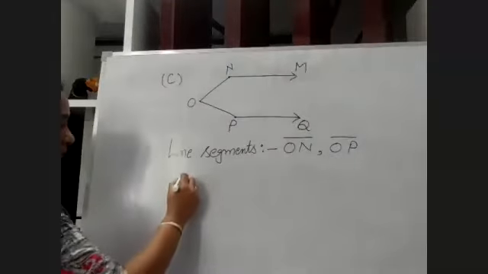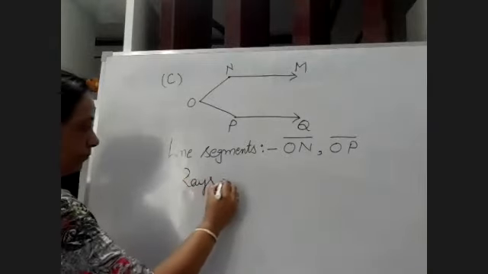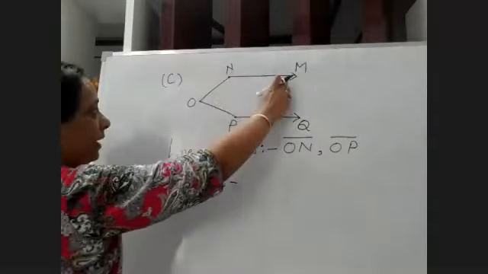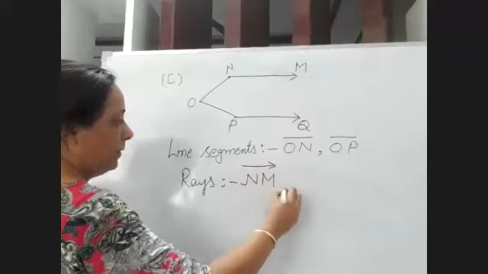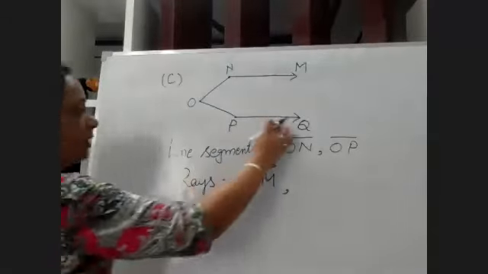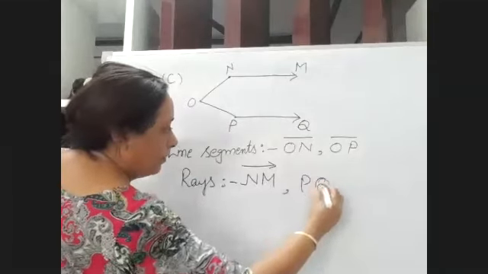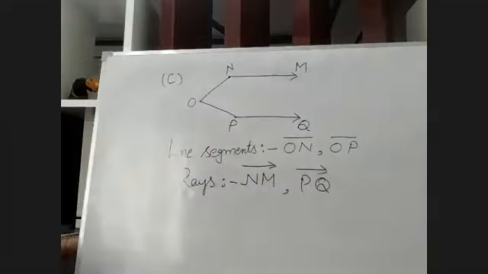And rays, two rays: NM, first ray, then second ray is PQ. So, students, in this figure, we have two line segments and two rays. Line segments are ON and OP, and the rays are NM and PQ. So, students, this is the last part of question number 9.